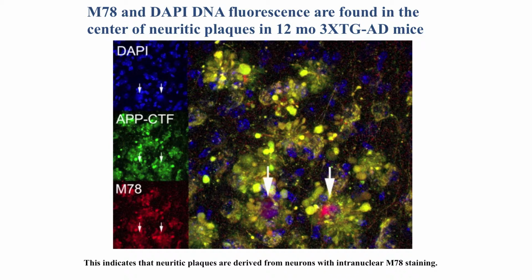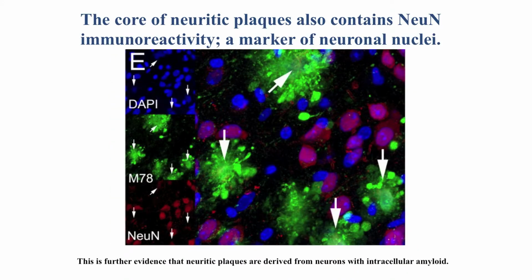So this shows that the neuritic plaques are derived from single neurons that had accumulated this misfolded APP molecules. And this is just further evidence that they're neuronal, because there's a neuronal nuclear marker in red here. So these are normal neuronal nuclei, and the degenerating ones are shown here.